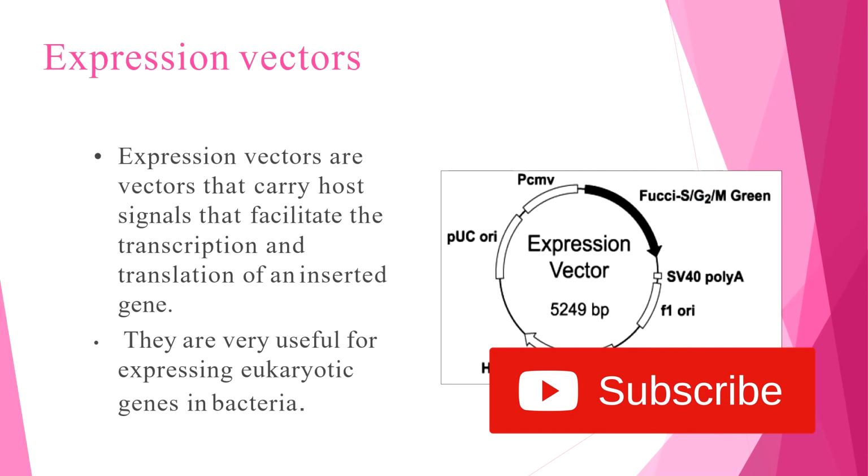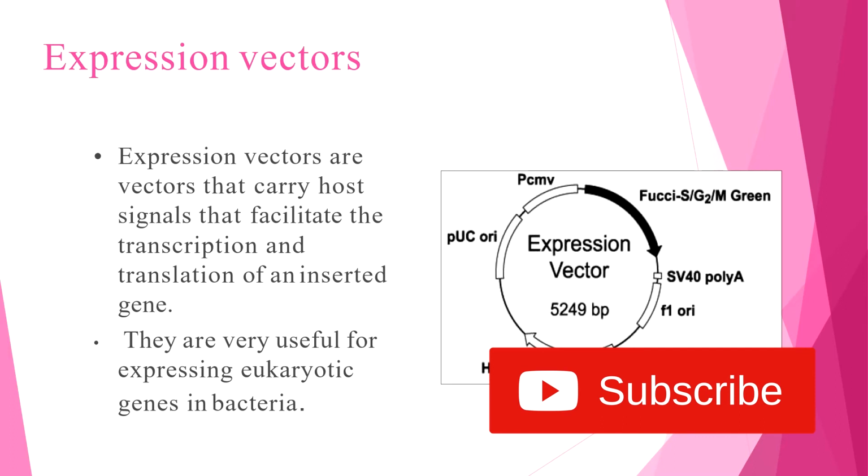And expression vectors. Another kind of vectors are known as the expression vectors. What are expression vectors? The plasmids or bacteriophages discussed so far are just used for multiplication. They cannot express their own genes. Expression vectors can carry the host signals that facilitate transcription and translation of an inserted gene.